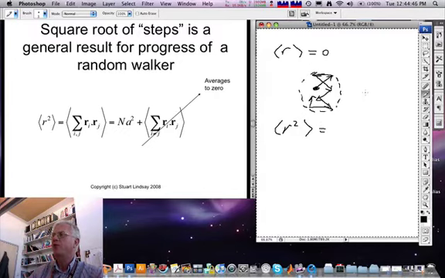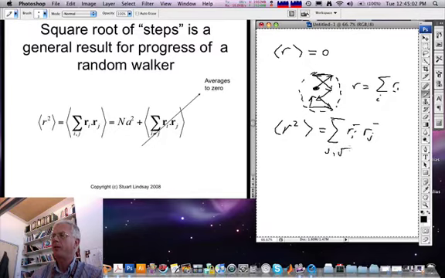So if r is this sum of random vectors, we form this square now, where this is a pair of random vectors, and I'm setting the problem up this way in order to explicitly show what happens to various terms in this. For all the terms for which i equals j, we get a positive number, and that's equal to the magnitude, it's just r squared, which is the magnitude of the step. And let's say his step size is a, and he takes a total of n steps.